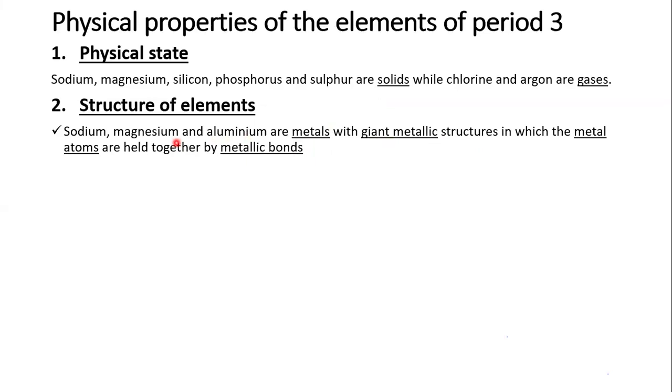Now for silicon, we said it is a metalloid. We said metalloids are the ones that sometimes behave as metals, sometimes behave as non-metals. So we say silicon is a metalloid with a giant covalent structure, or we can call it giant atomic structure.